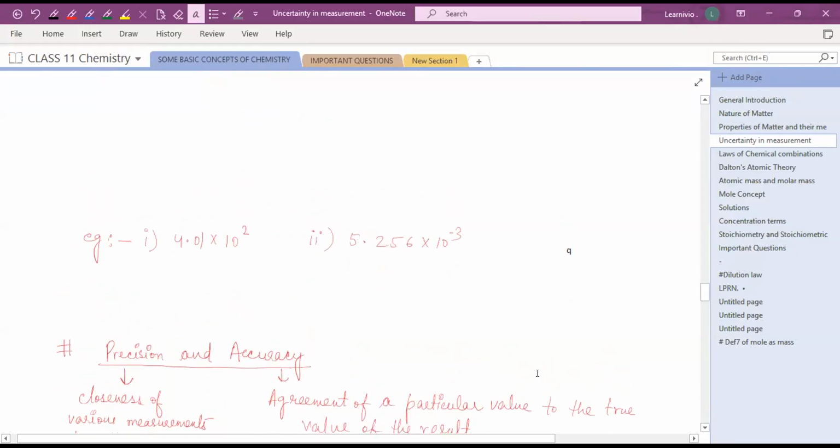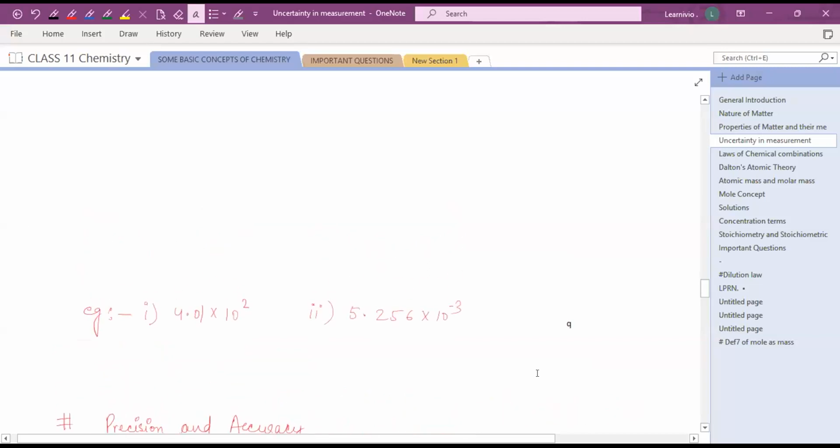Okay, now see. If the numbers are written in scientific notation, in this form, like N into 10 to the power n, for example, 4.01 into 10 to the power 2, then all the digits are considered as significant ones, and you just don't have to count this exponential form.